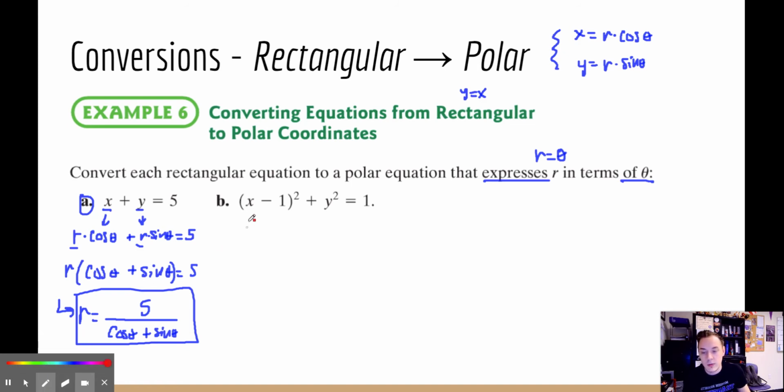Let's do the next one in red because it's my favorite color. This is a circle where its center is (1, 0), and its radius is 1, just FYI. However, what I'm going to do when I simplify this, I'm actually going to multiply this out first. Now, some of you may be thinking, hey, Mr. Carlson, can I just substitute straight up r times cosine right here?